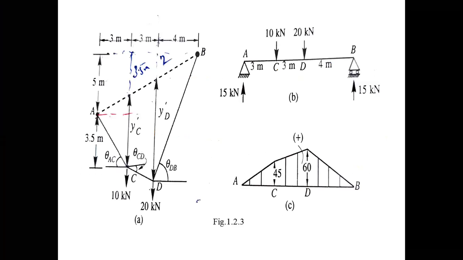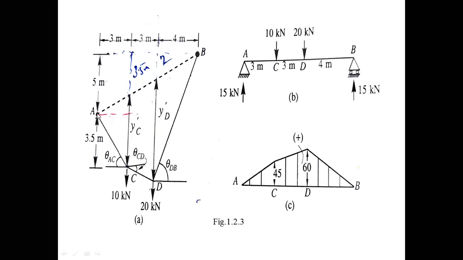According to the figure, the cable is supported at A and B, and support B is higher than support A by 5 meters. Delta is equal to 5 meters.